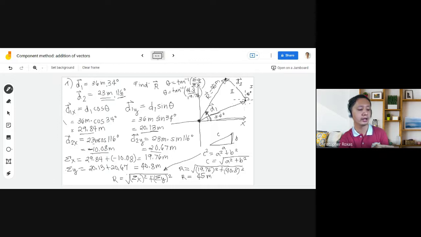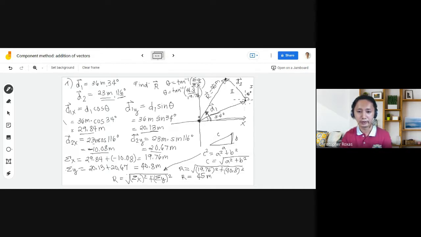So you will press the shift, tapos tangent. Para ang gagawin niya ay yung inverse tangent. Okay? So shift, tangent. Tapos yung quotient, yung summation of all the x and the y. So ang lalabas dito ay 64.15 or 64 degrees.